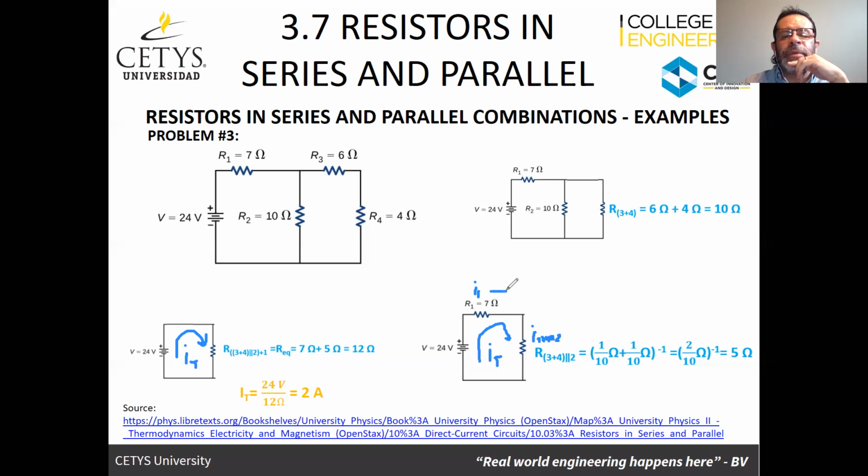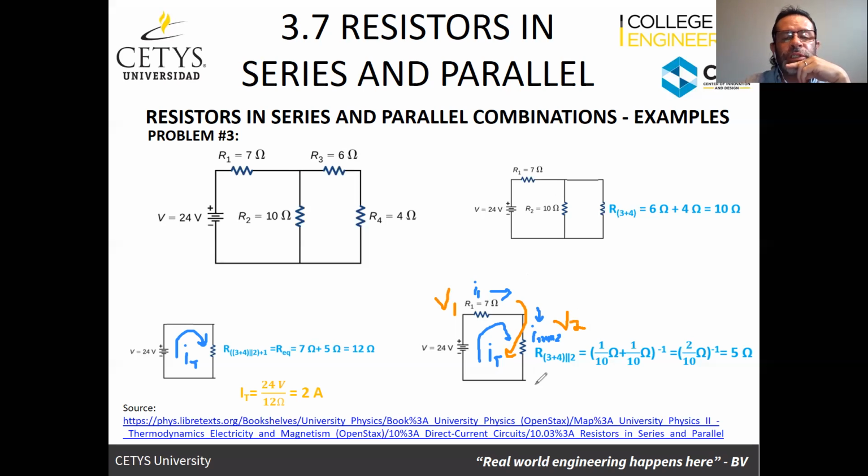It's the same current because we are in series. What we need to find are the voltages in R1 and in this array over here.